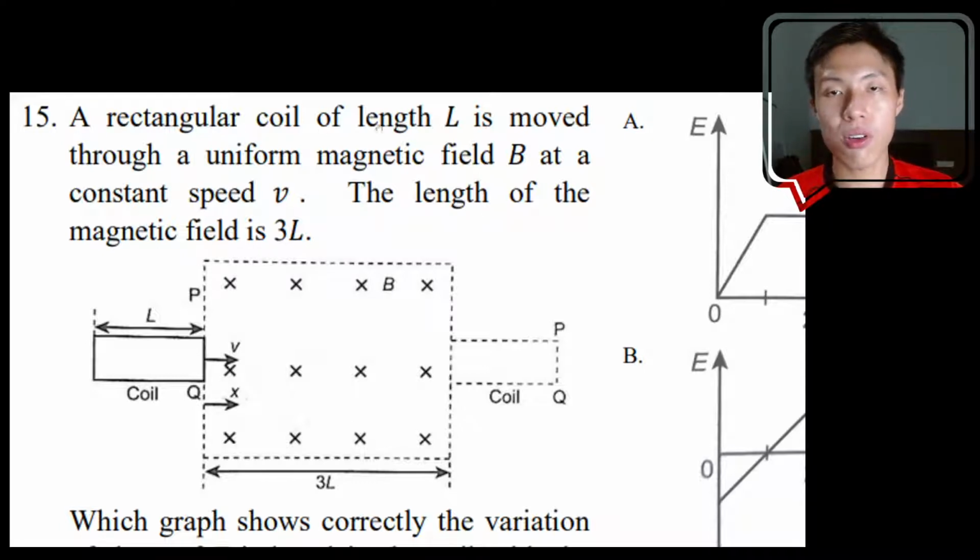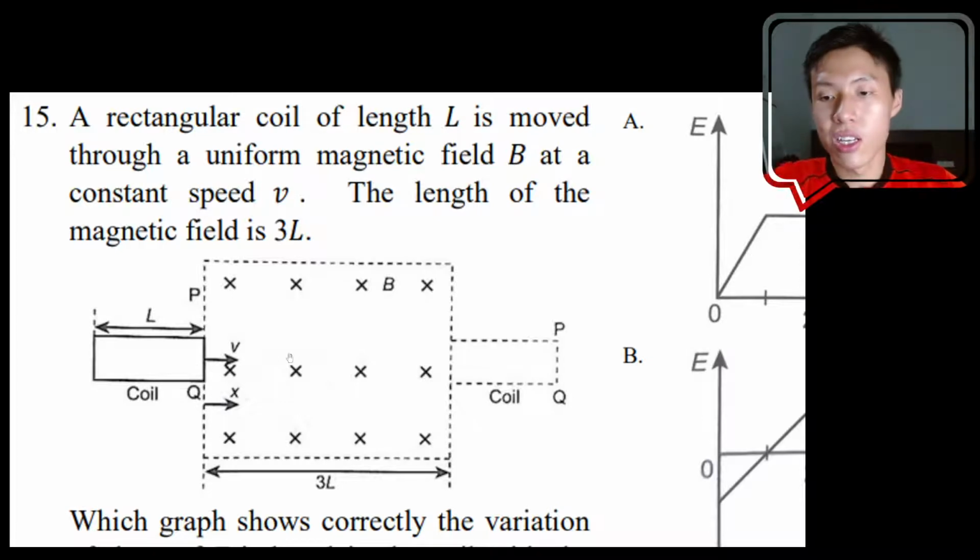Your rectangular coil of length L is going to move through this uniform magnetic field at a constant speed of v. So the whole motion here will be constant speed. The length of the magnetic field is 3L. So this is the length of the coil on this side, but this side is 3L. The motion here is to the right.